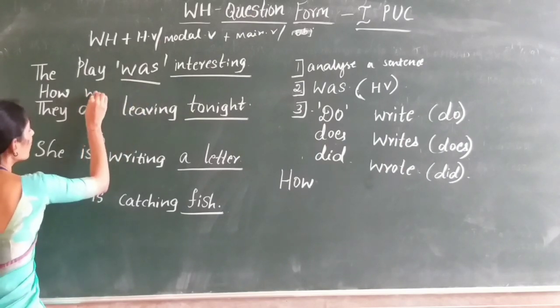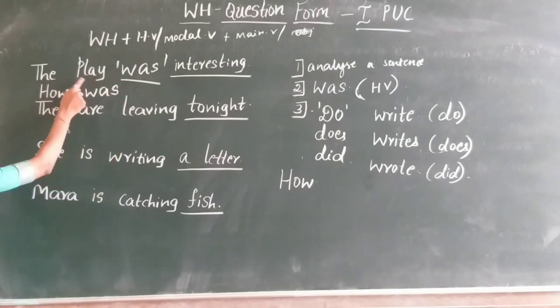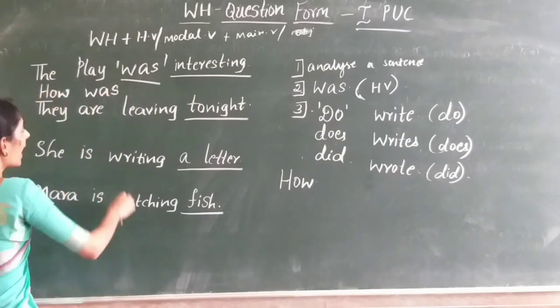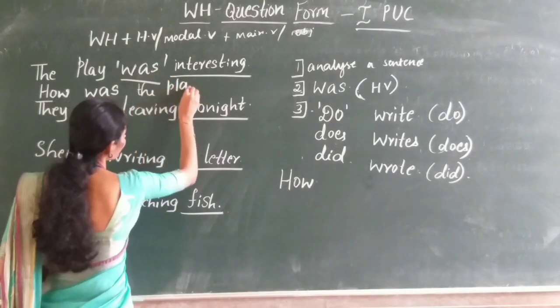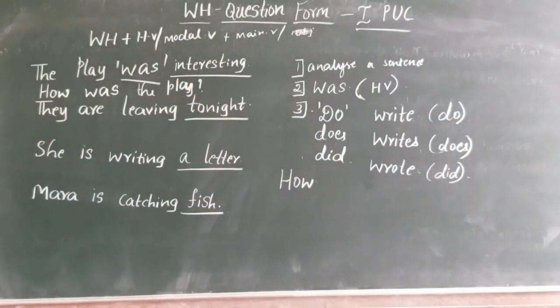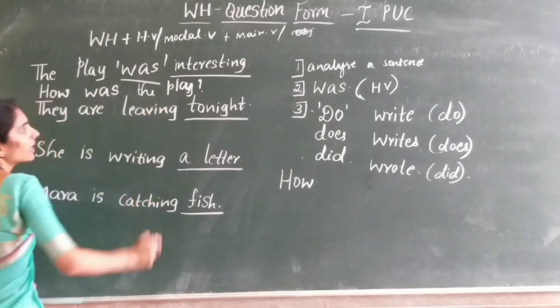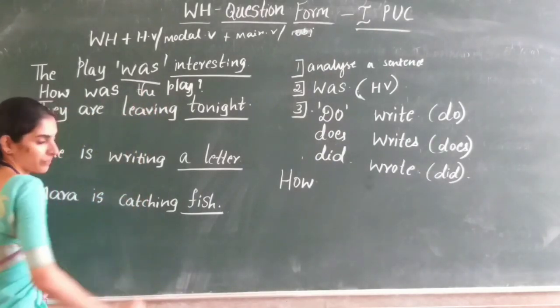So how was, then write the play. How was the play? Simple, right? So how, and then there should be was, and then there should be the subject. So, how was the play?